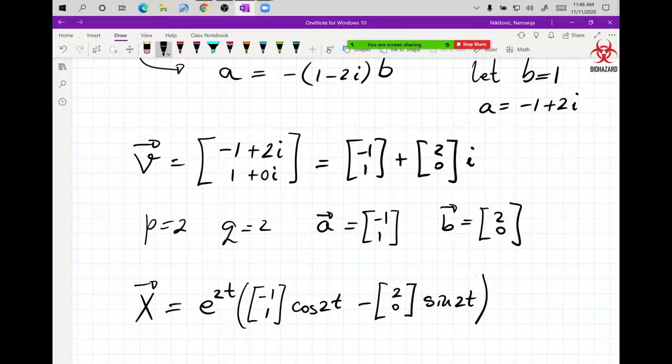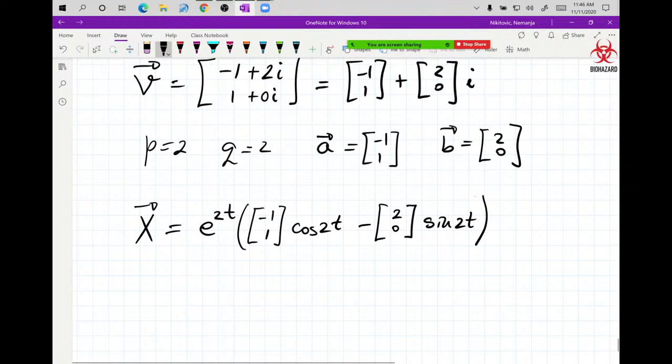And done. There we go, sine 2t. Awesome. Now we are going to do the separation here.